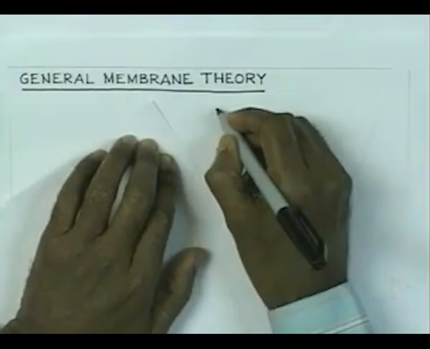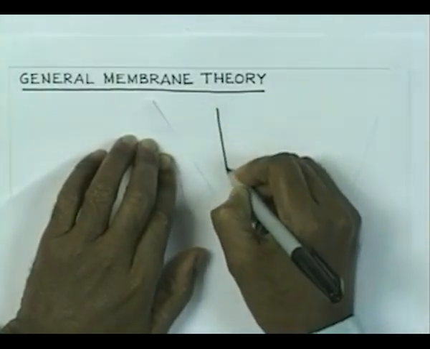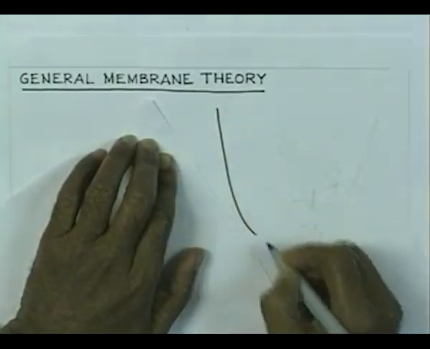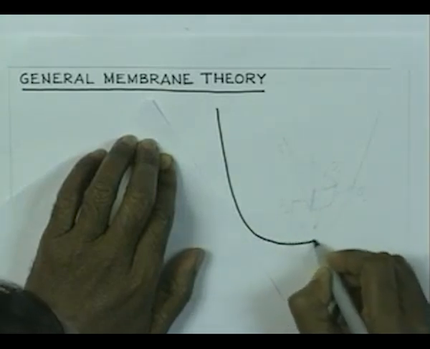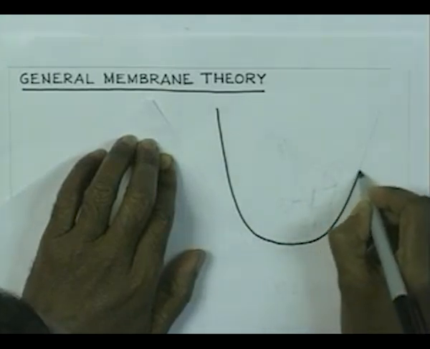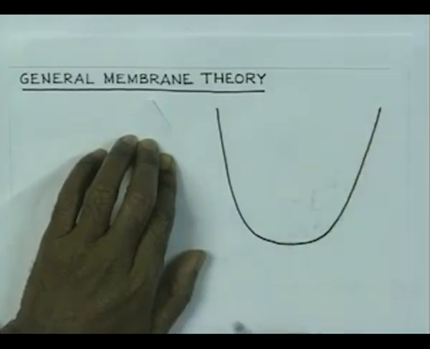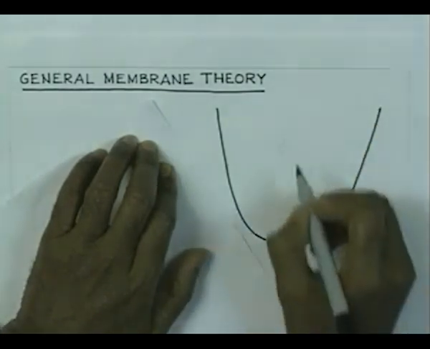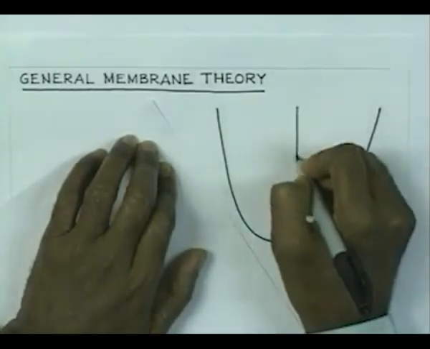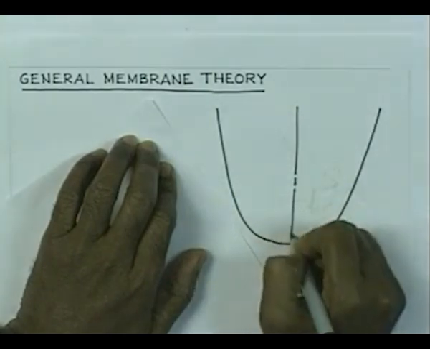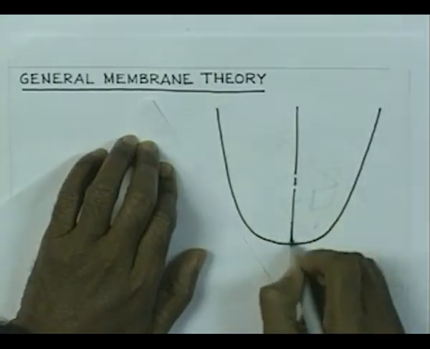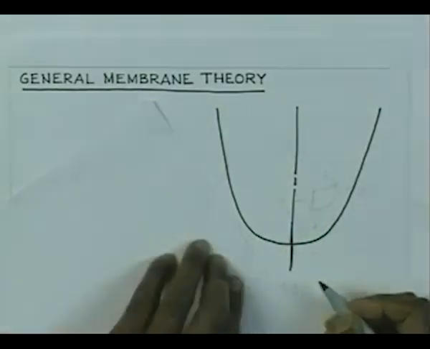We will try to consider a shell of revolution which is doubly curved. So, this is the shell of revolution, and this is the axis.